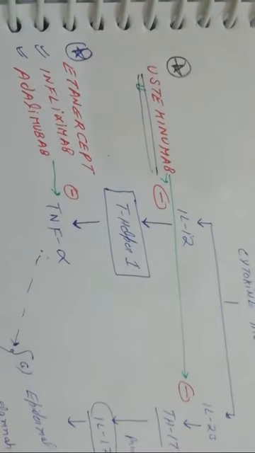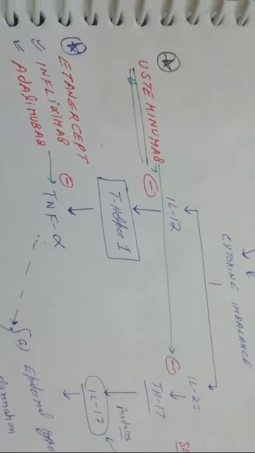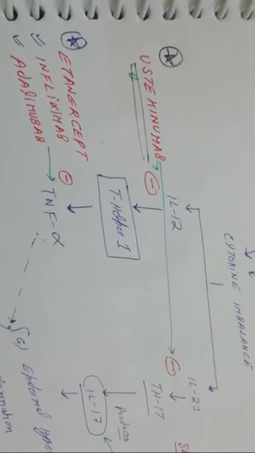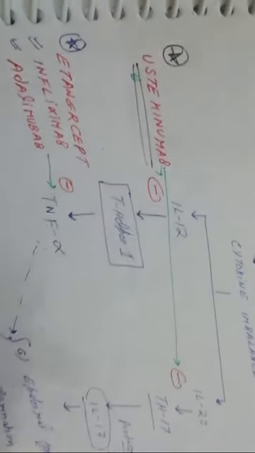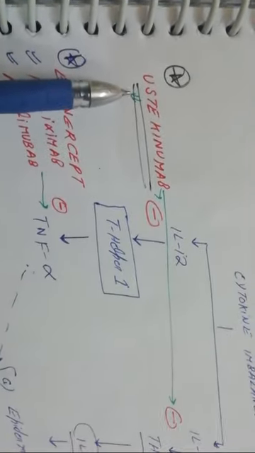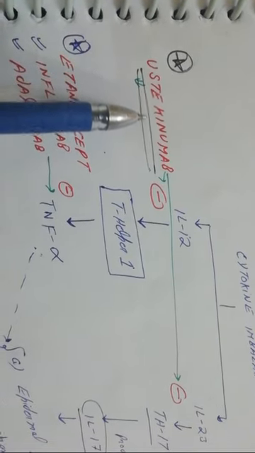Let's go to the next one written here. It's written that biologics are used in psoriasis, so let us understand the treatment here itself. We have a drug that blocks interleukin 12 and interleukin 23, and the drug is ustekinumab.